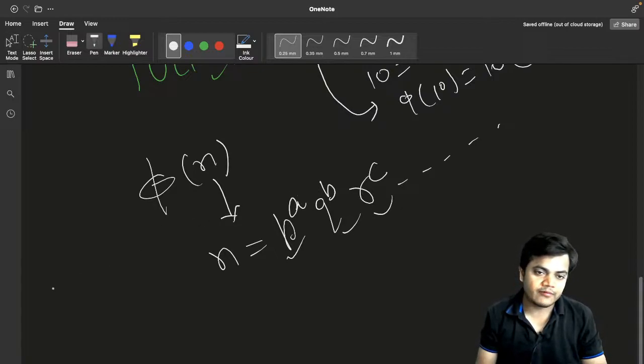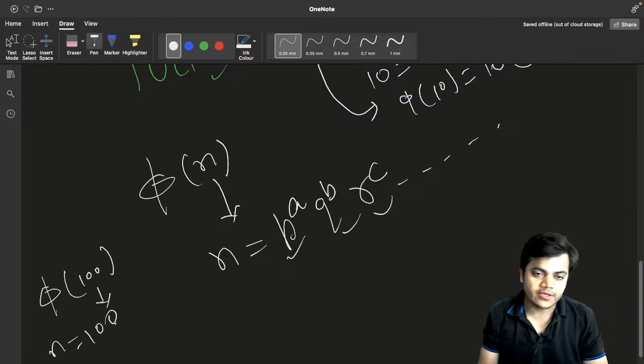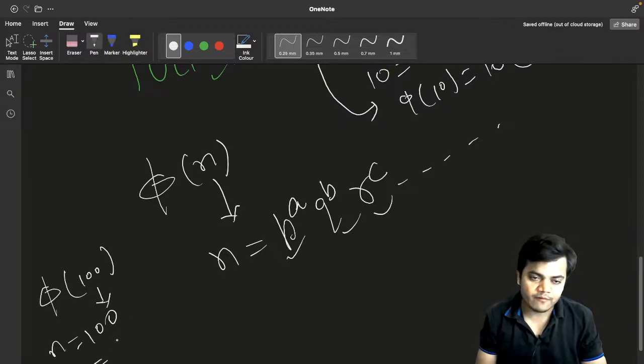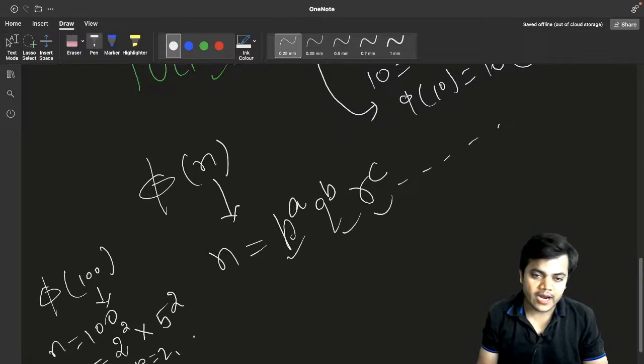For example, if you have to find phi of 100, then your n is equal to 100, then you will just write it as the product of powers of primes. So it will become 2 raised to the power 2 into 5 raised to the power 2. So here p is equal to 2 and q is equal to 5 and a and b are 2.